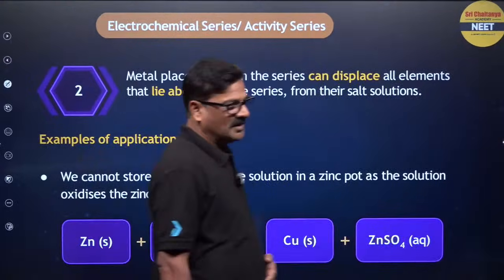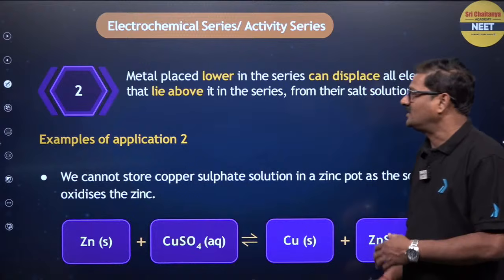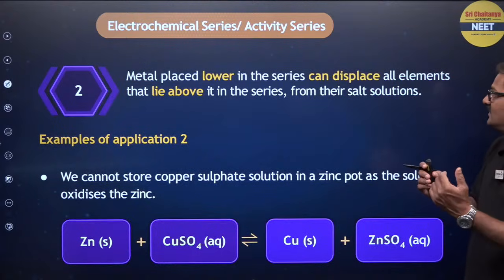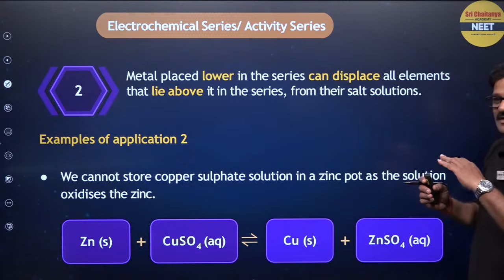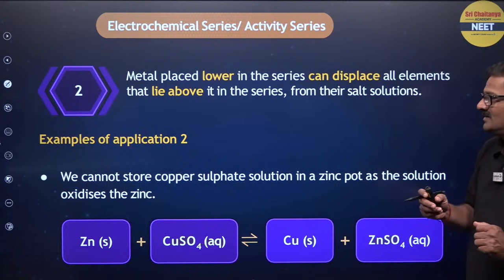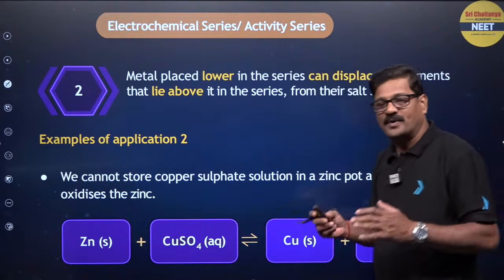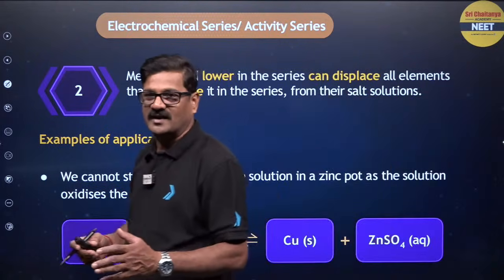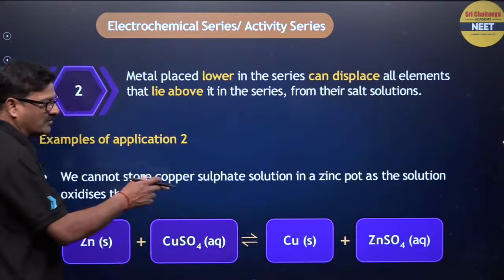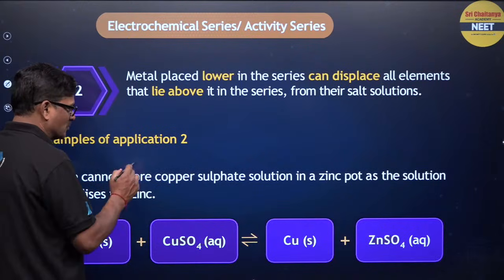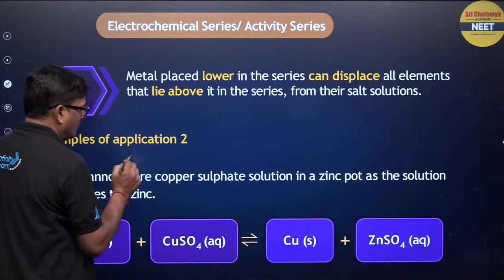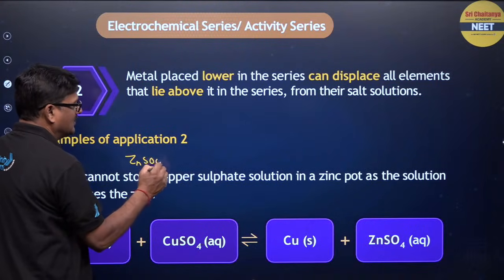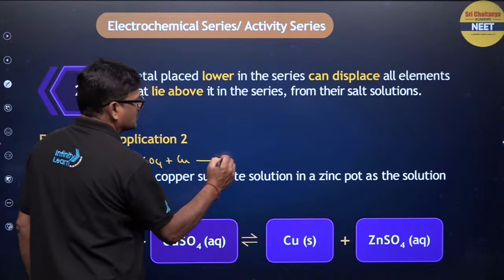And I will also say here, a metal placed lower in the series can displace all the elements above it in the series from their salt solution. Examples you can say, copper sulfate and zinc can react to form copper and zinc sulfate. If you take zinc sulfate and copper, no reaction.